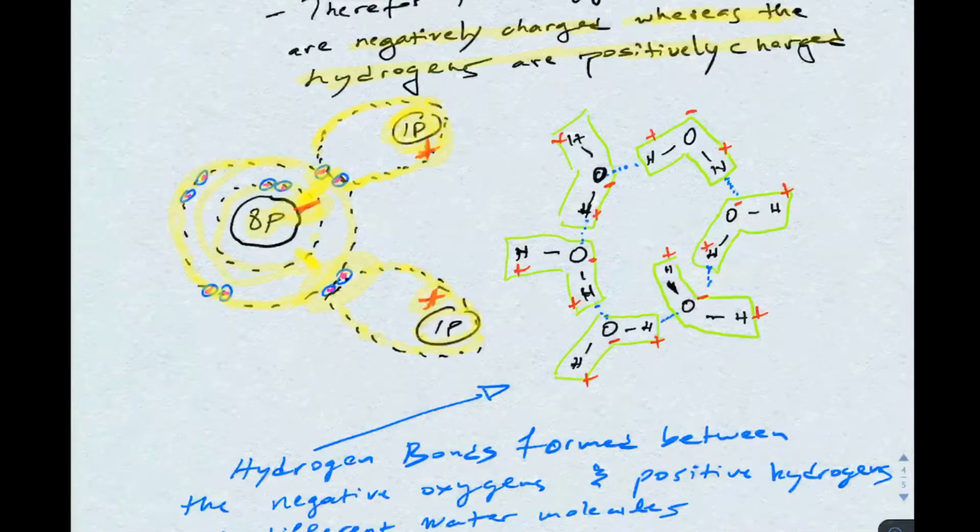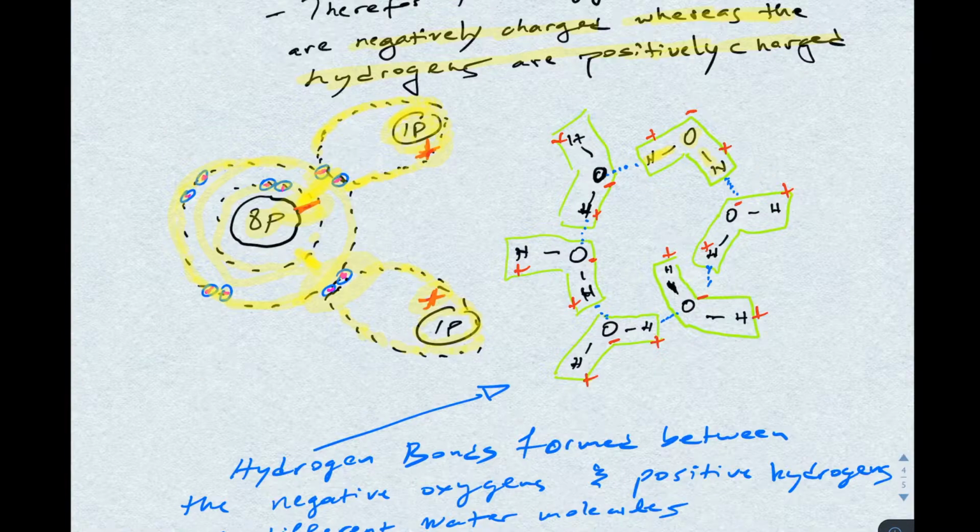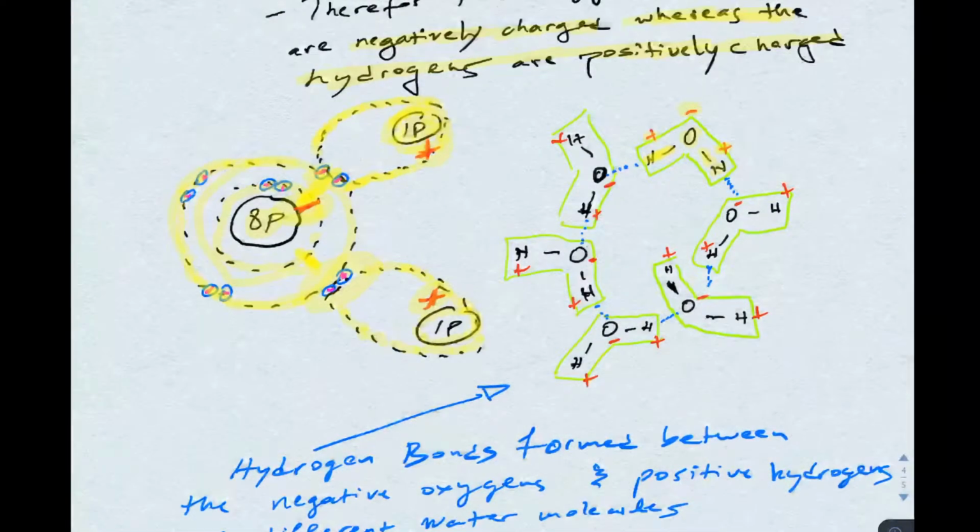What does this mean in terms of molecules of water interacting with other molecules of water? So I drew the shorthand version of these molecules over here, so that we can see their interactions. Let's take this first one here. You've got the oxygen bonded with a hydrogen over here and another hydrogen over there. And notice that I put that minus sign on the oxygen, and the positive signs on the hydrogens.